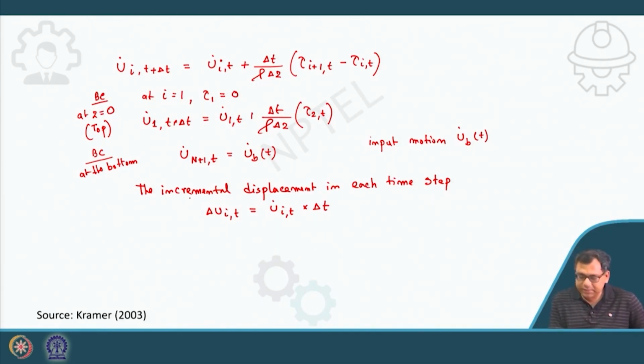So, that is the incremental displacement at each time step, at any depth. Now, how do you get the u dot i at t?